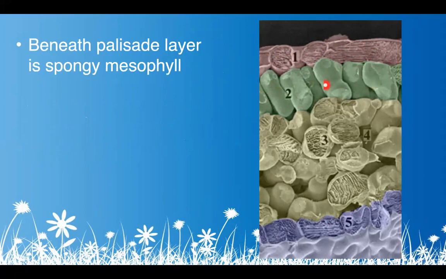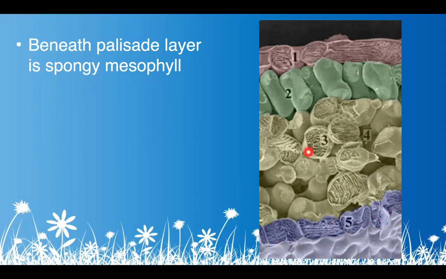Beneath the palisade layer, remember this is where photosynthesis occurs, is the second type of mesophyll called spongy mesophyll. It is called spongy because you can see many air spaces, little air pockets here. They're very loosely packed, and that is because the lower epidermis, number 5, is where your stomata are going to be.